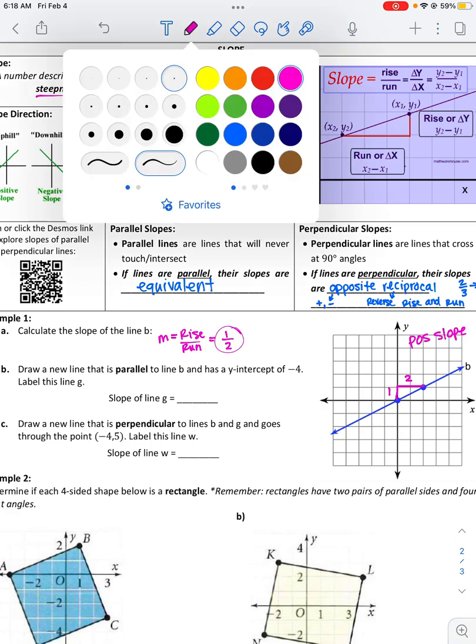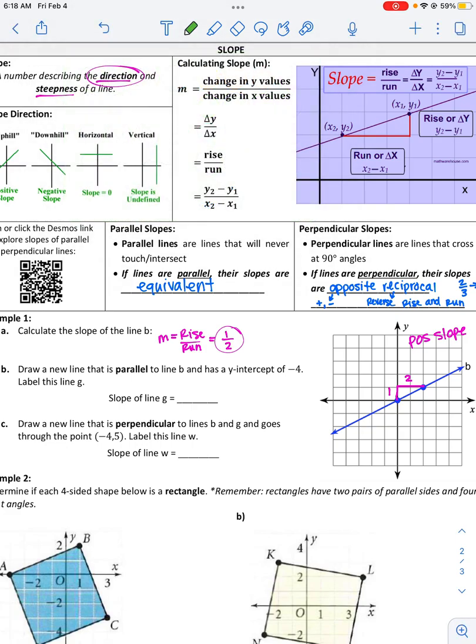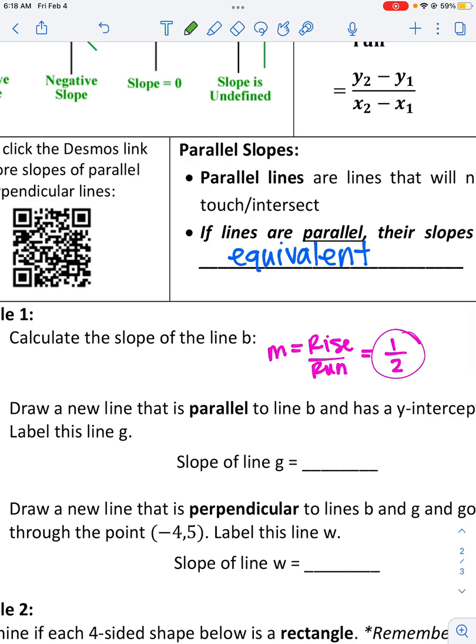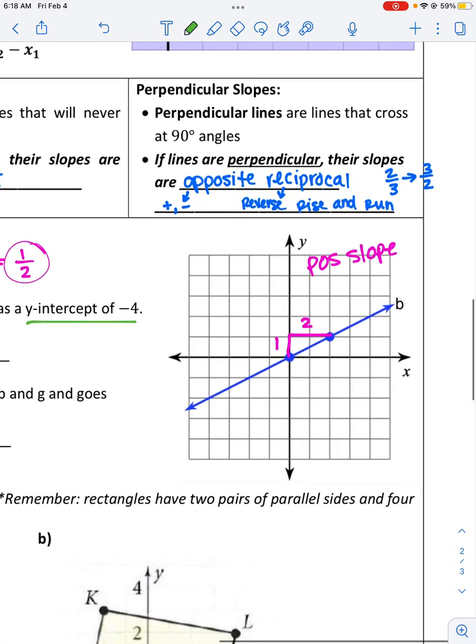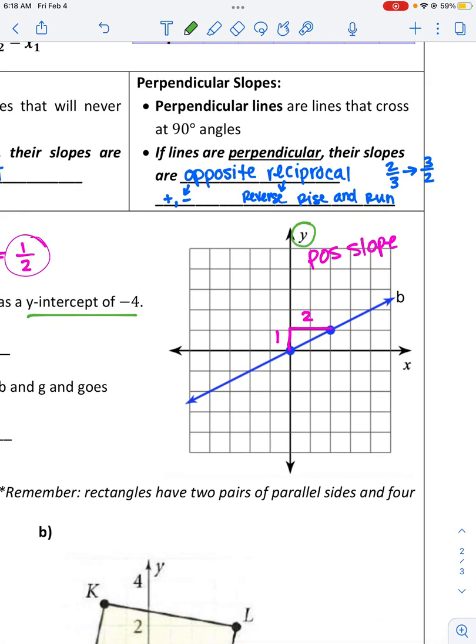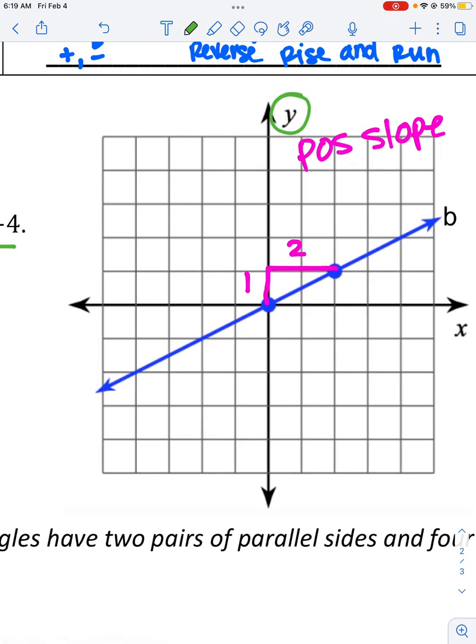All right, so then we're going to draw a new line that is parallel to line B and has a y-intercept at -4. So y-intercepts are where my graph crosses the y-axis. So 1, 2, 3, 4. So that's a y-intercept of -4.